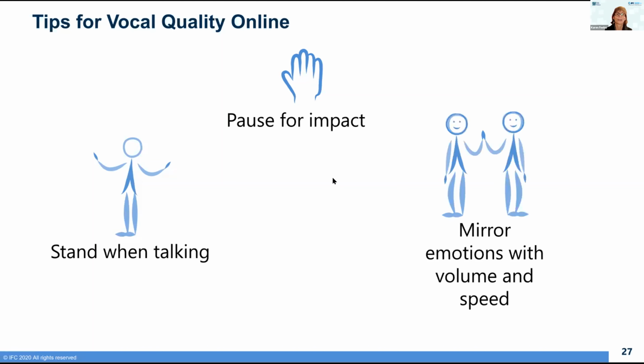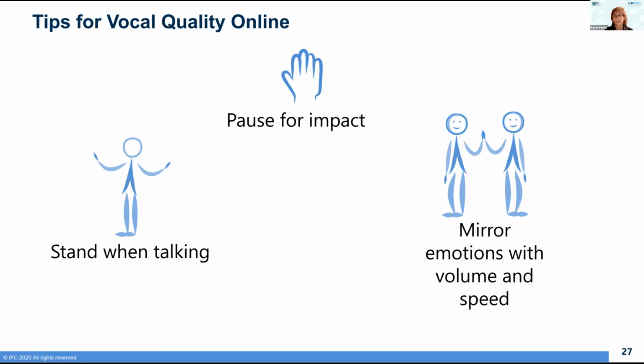Thirdly, mirror your emotion with volume and speed. The speed and the volume at which you talk can substitute for body language or facial expressions to a degree when you don't have your camera on and you cannot show your emotions. So, for instance, when you're talking about a shocking event, increase the volume in order to capture the audience's attention.